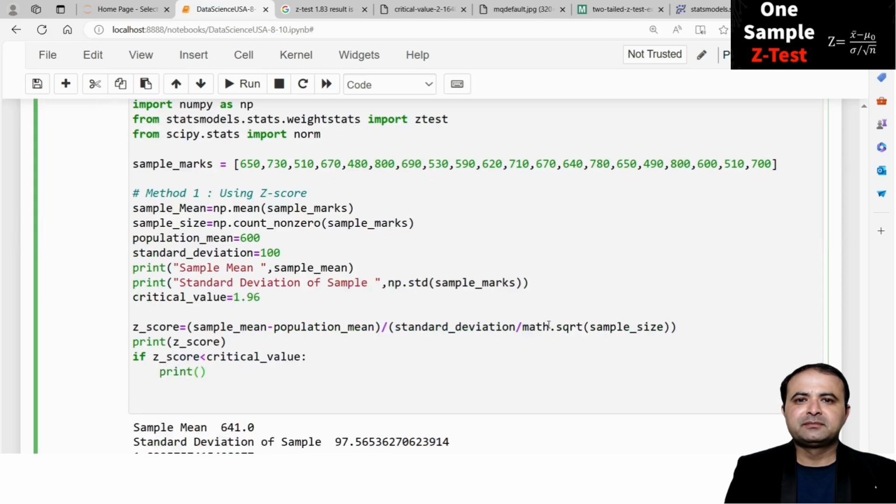So we print null hypothesis is accepted.